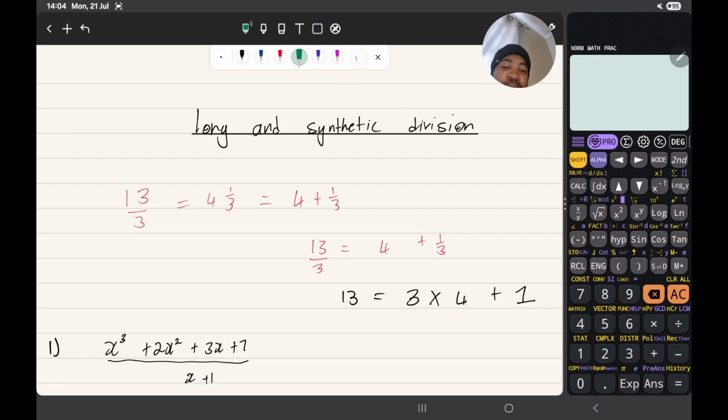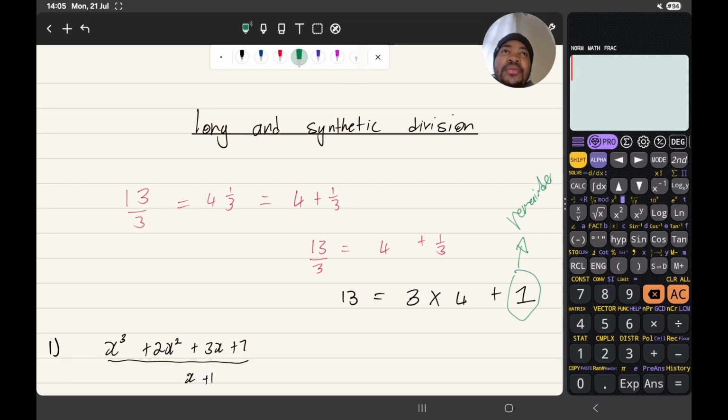In this format, this is where the chapter starts. When you have this form, you can clearly see this is my remainder. The remainder is what we couldn't divide by 3.